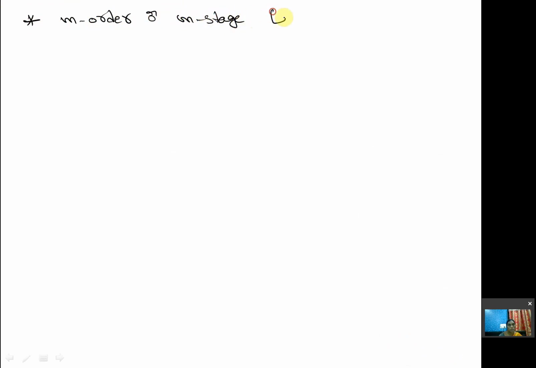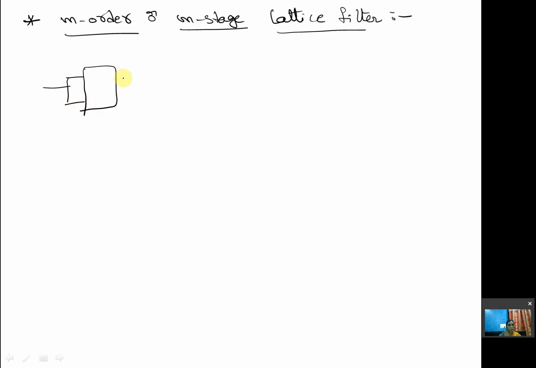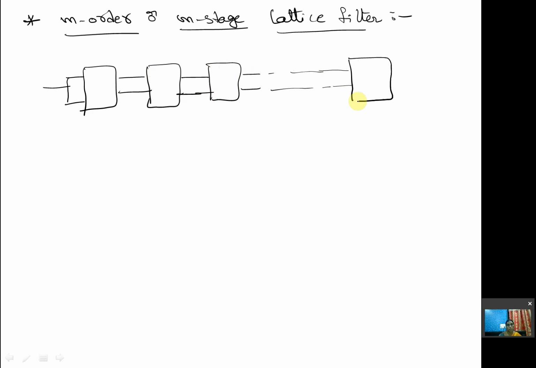Okay, right? So in this way just draw the M stage lattice filter, M order or M stage lattice filter. Here just note down the simple thing: first stage, second stage, third stage, like this. Now finally last stage.